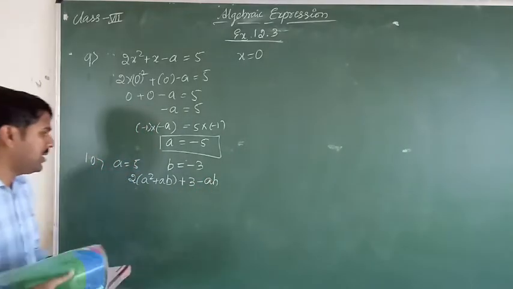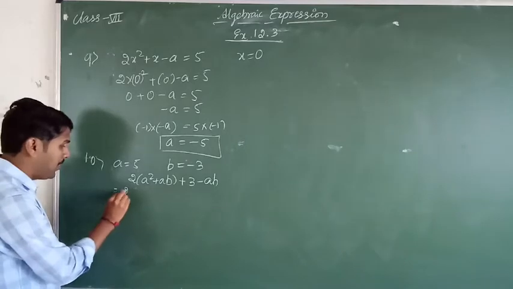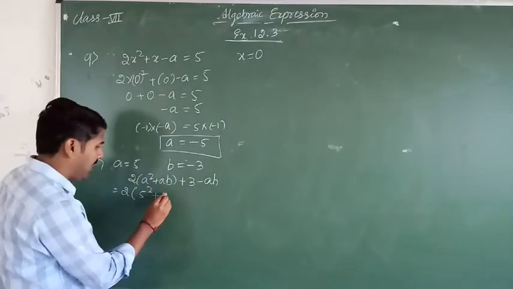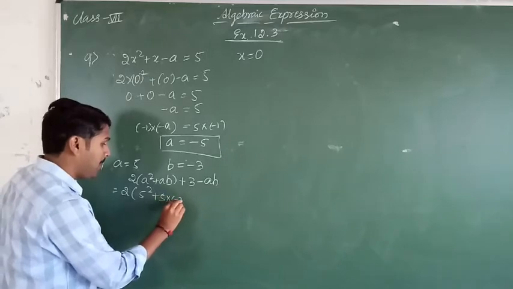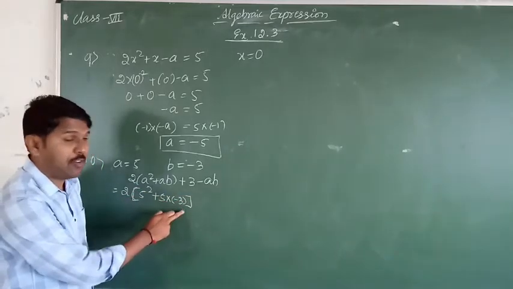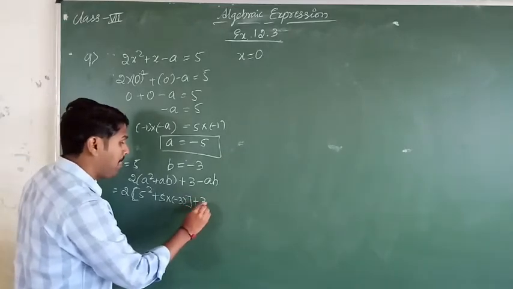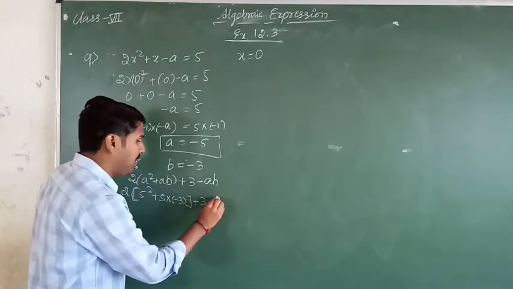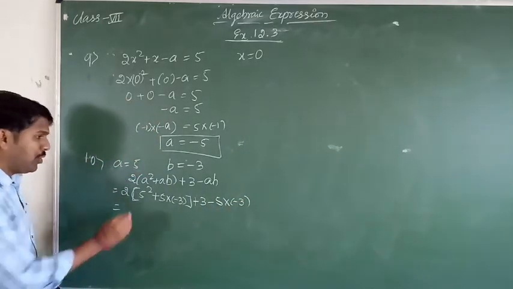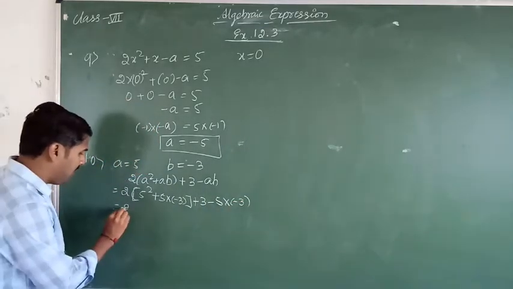So put the values: a equals 5. 2 into 5 square plus 5 into minus 3, plus 3 minus a value, which is 5 into minus 3. You already put the values, so find the final answer.